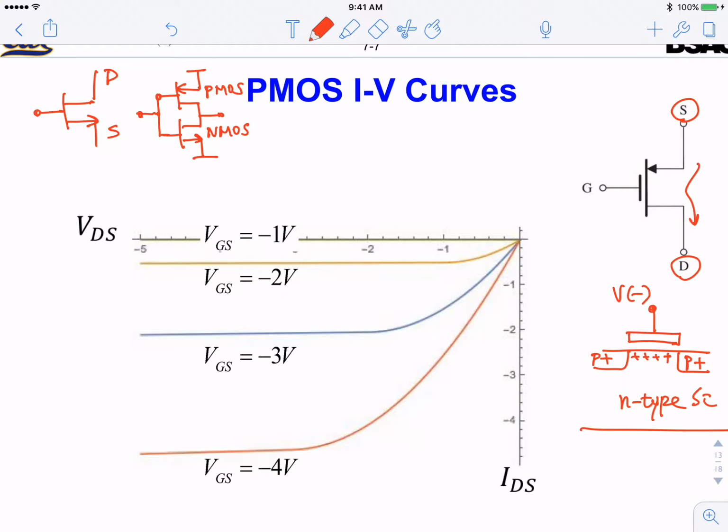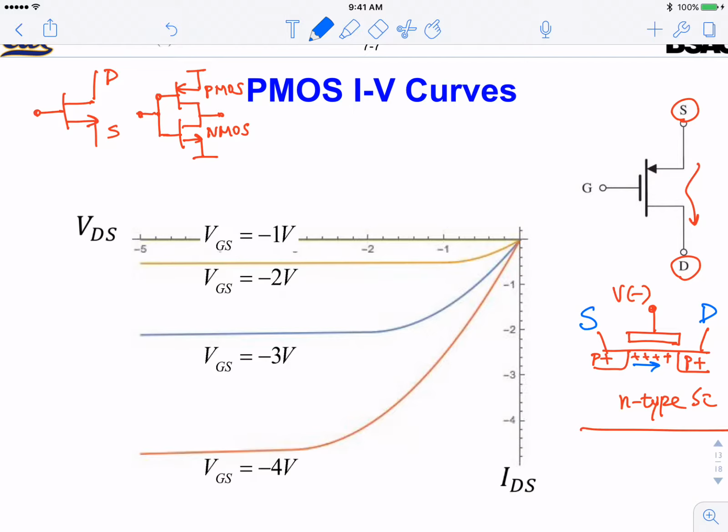When there's a channel of holes, again, when you apply a bias between source and drain, a current will conduct. But since the current carrier is hole, the current flow is in the same direction as the hole carrier flow. So carriers flow from source to drain. Okay, and so it's exactly consistent with the symbol here.